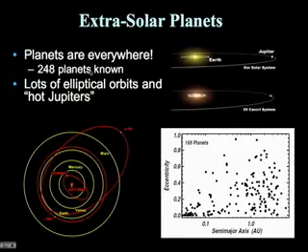For example, in this top right, this system called 55 Cancri has one planet whose orbit is very similar to Jupiter's, its outer planet. But it also has 3 hot Jupiters. So that system, 55 Cancri, kind of looks like the solar system and unlike it at the same time. It's like it because it has one planet like Jupiter, but unlike it because it has a bunch of planets that are really unlike Jupiter.